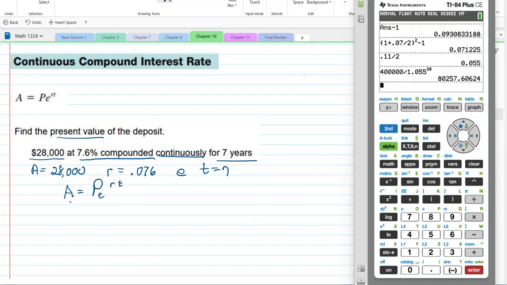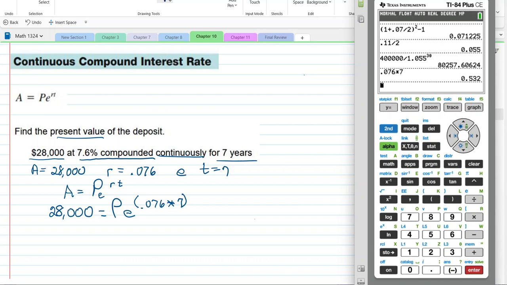So we're going to set it up. 28,000 equals P E raised to the 0.076 times 7. All right, so I'm going to clean it up so I can do this easier. I'm going to do this part right there, 0.076 times 7.